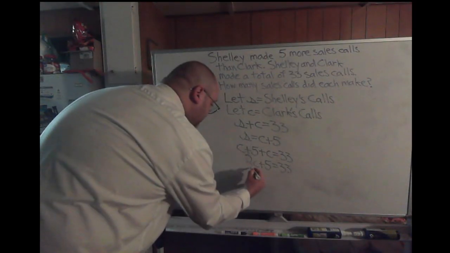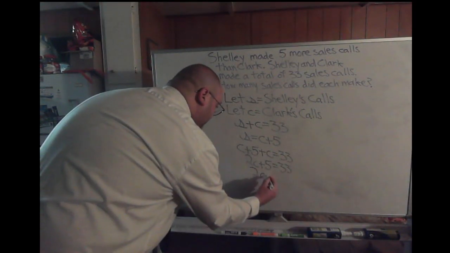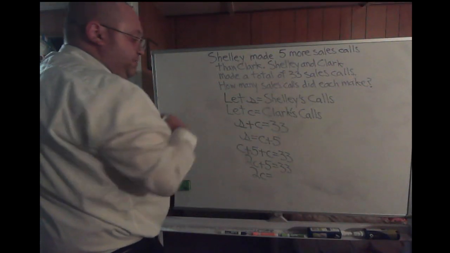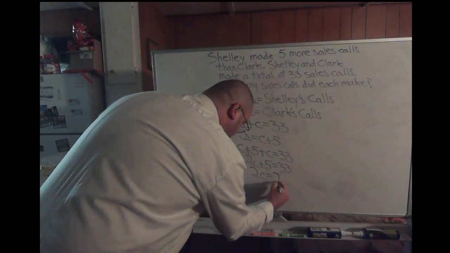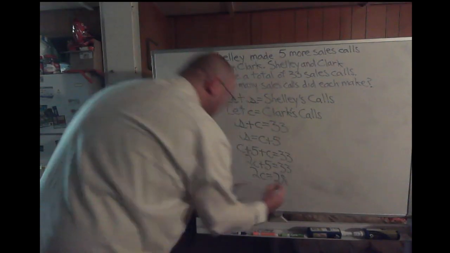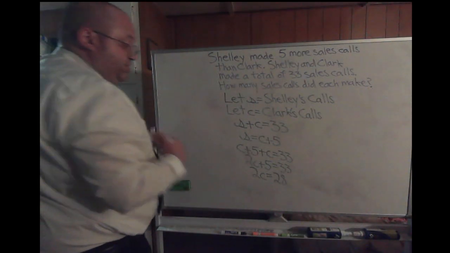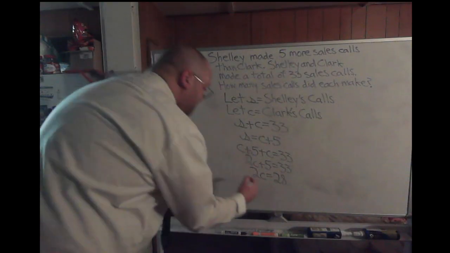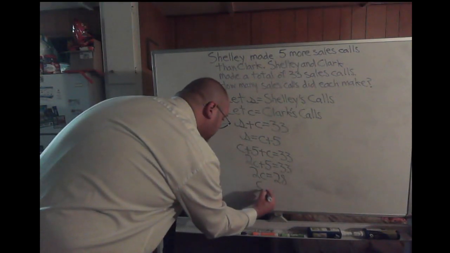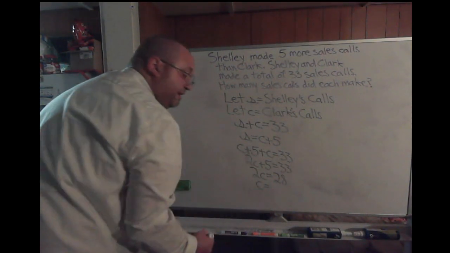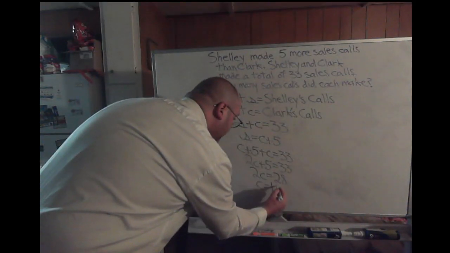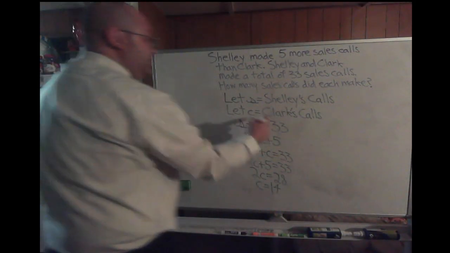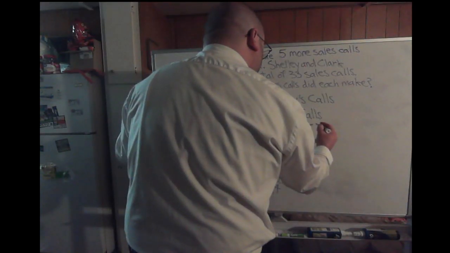We do that on the left side, you'll just get 2C is equal to, now we got to do it to the right side, 33 minus 5, that's 28. Well, we have 2C, we just want to get C. We got to divide both sides by 2. You divide the left side by 2, you just get C. Divide 28 by 2 on the right, you'll get 14. So C equals 14, which means that's the number of Clark's calls.